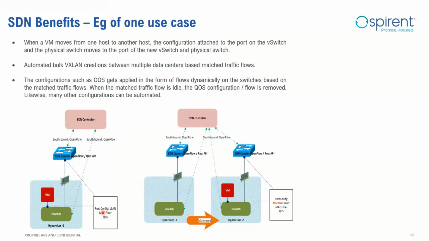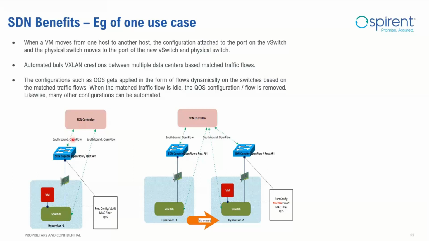It may be which VLAN, what kind of firewalling it has to do, MAC filtering and QoS, the quality of service. Those policies get implemented on this port and it programs automatically. You don't have to manually configure the vSwitch. The configuration is here in the SDN controller.